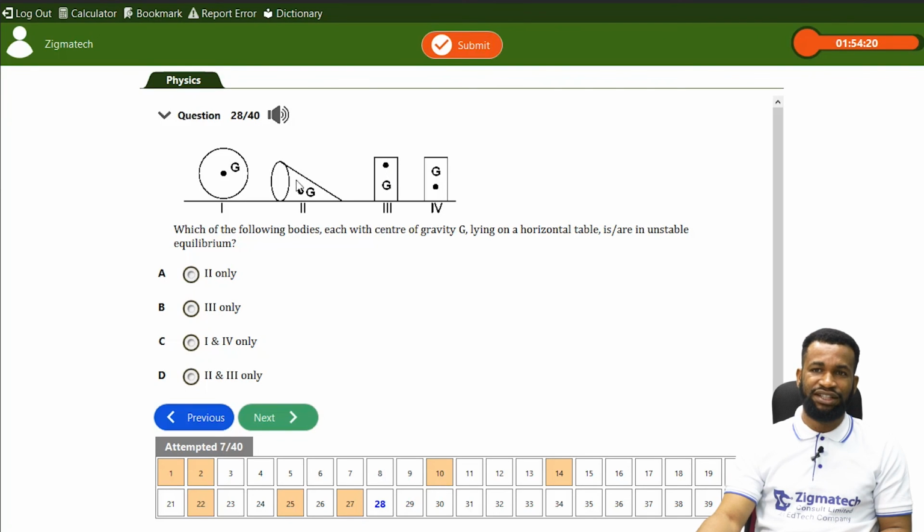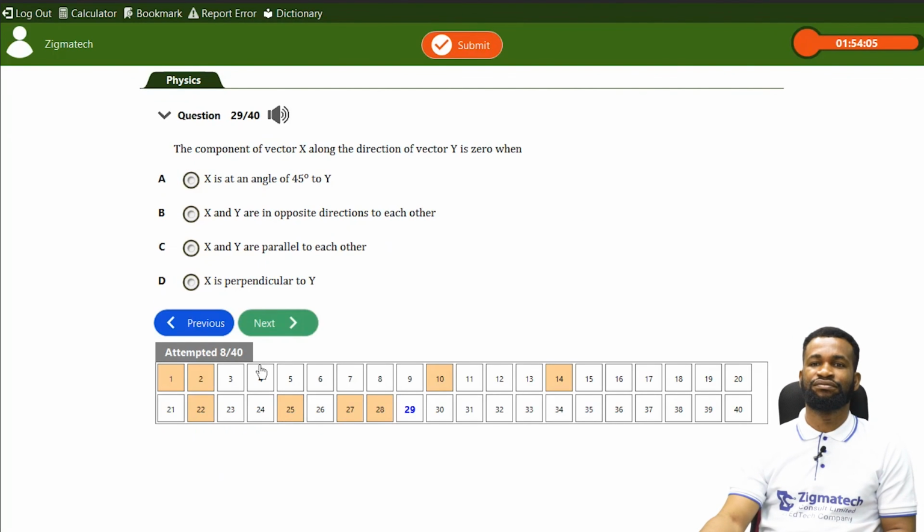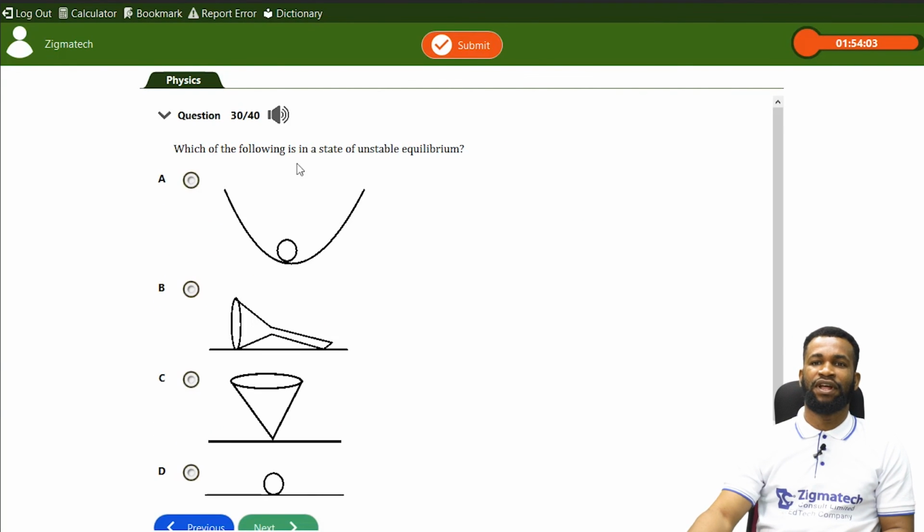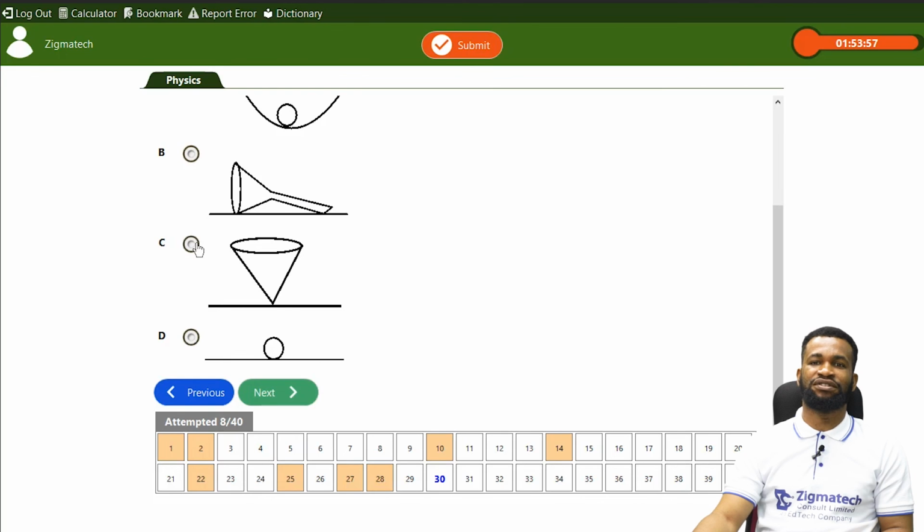This one is a neutral equilibrium. This is a stable body. When I put something at this center, it will balance. It is only this one. So I'm choosing 3 only, option B. And finally, which of the following is a state of unstable equilibrium? Unstable, I'm choosing option C.